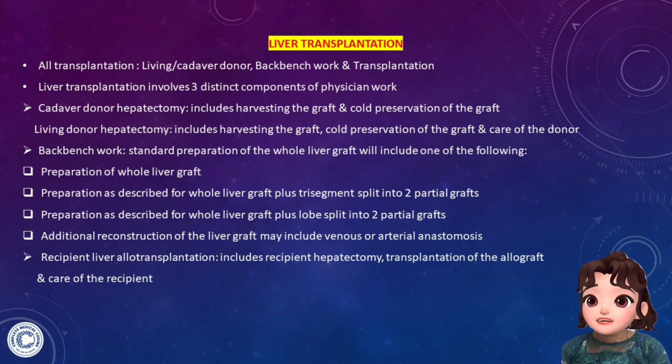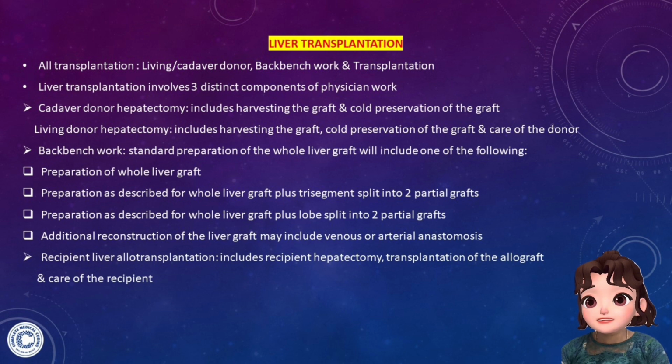Then it can be preparation as described for the whole liver graft plus a liver lobe split into two partial grafts. Or additional reconstruction of the liver graft, which may include venous or arterial anastomosis. So these are the backbench work.